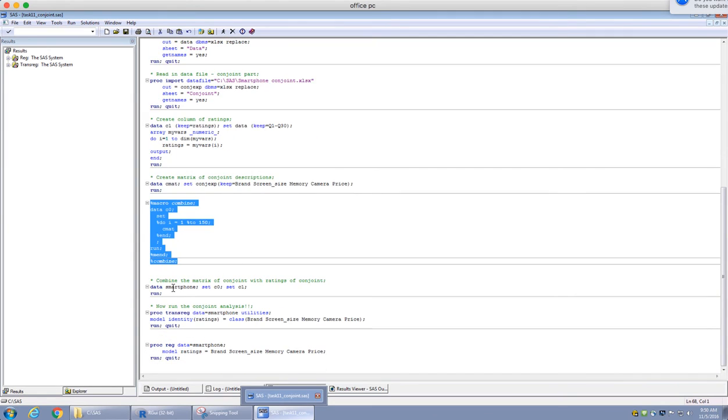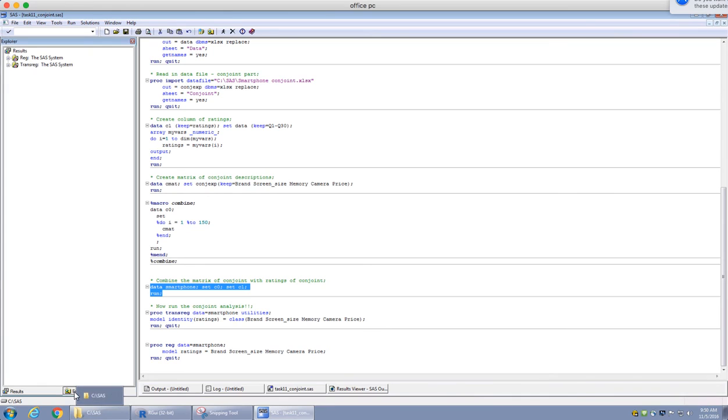Now I'm going to combine these two, which is the combination of each attribute with the ratings on one column. I'm going to call this data set smartphone.